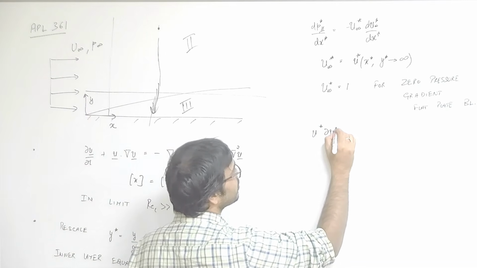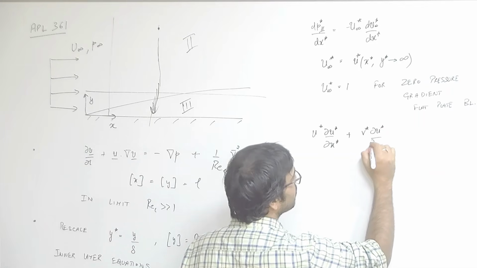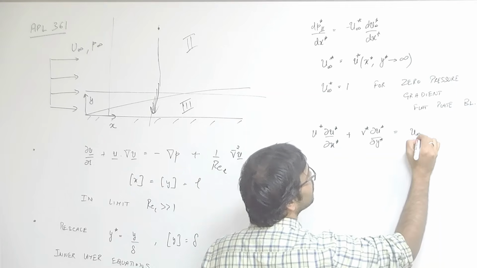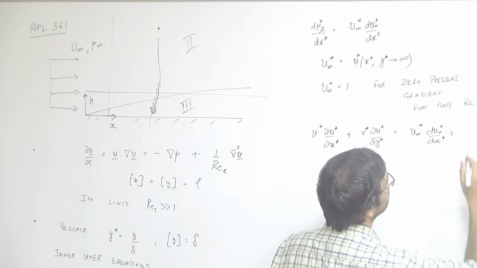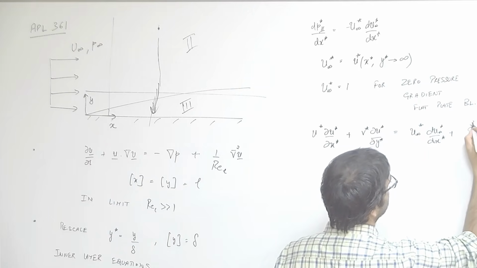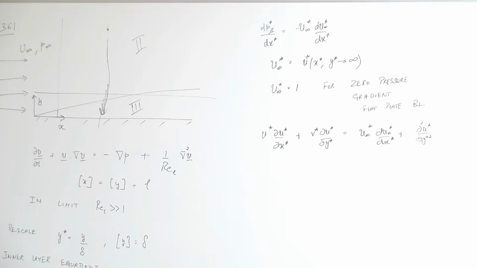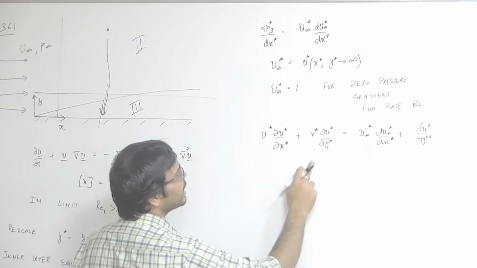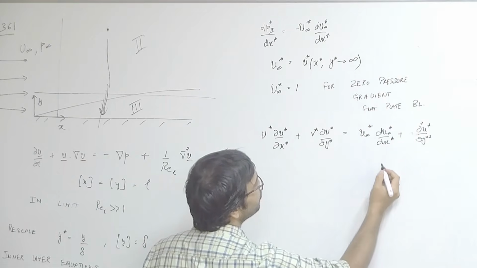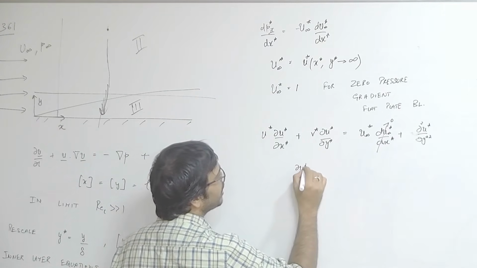this. Just keep it here. Okay, and then we said that for zero pressure gradient flat plate boundary layers, this guy is 0, and we arrived at a simplified equation combined with our continuity equation.